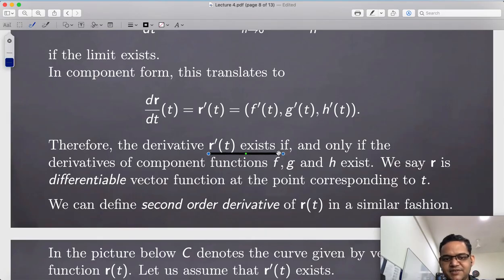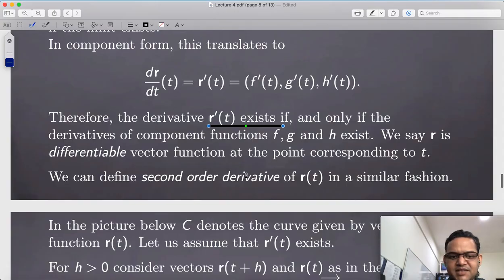This is actually the definition, that r prime of t exists if and only if the derivatives of the corresponding components f, g and h all exist, and we say that this is a differentiable vector function at the point t. You can continue this process. You can take the second derivative, the third derivative, and everything is going to be in terms of the derivatives over here.